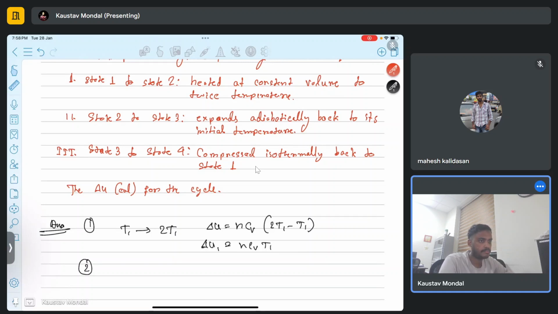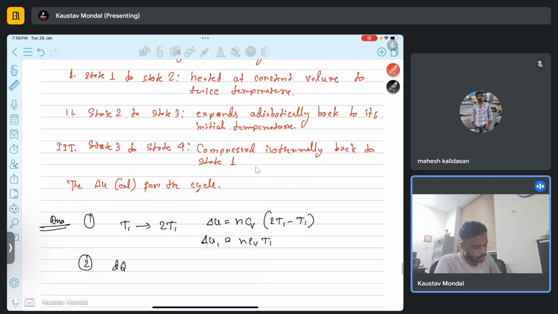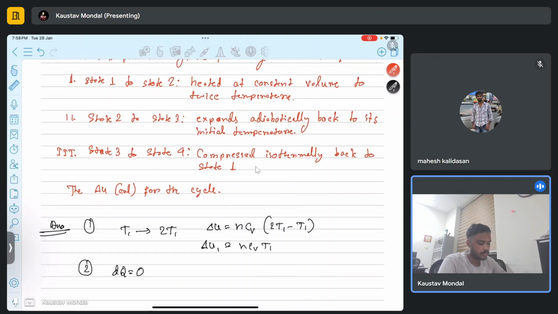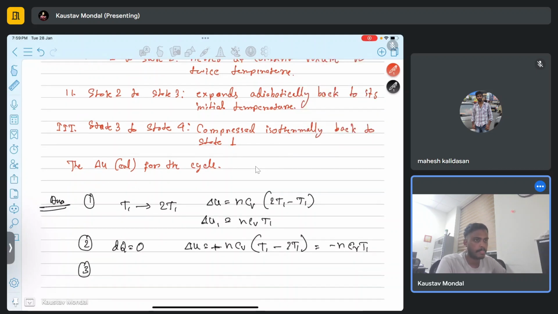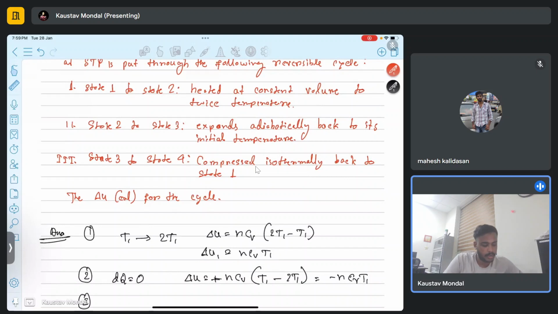So dq here is 0, since it is adiabatic. Delta U2 equals n CV into (T1 minus 2T1), because initially it was 2T1 and then it comes to T1, so minus n CV T1. Third, the gas is compressed isothermally back to its initial state 1.